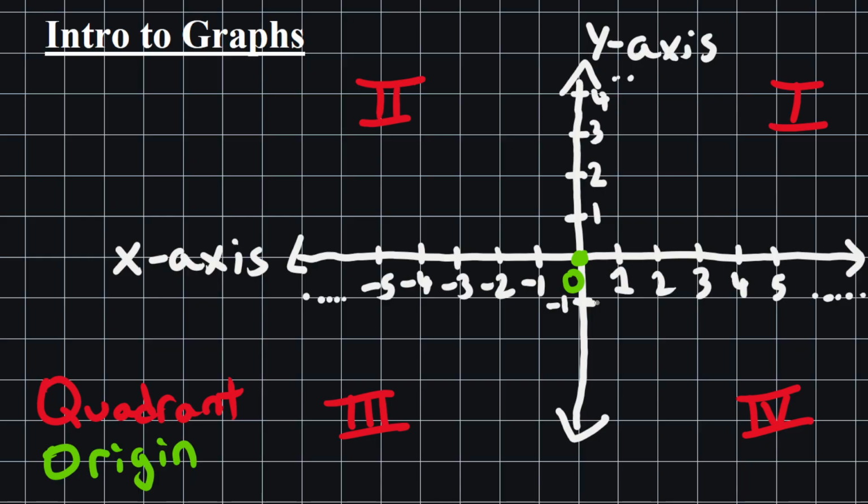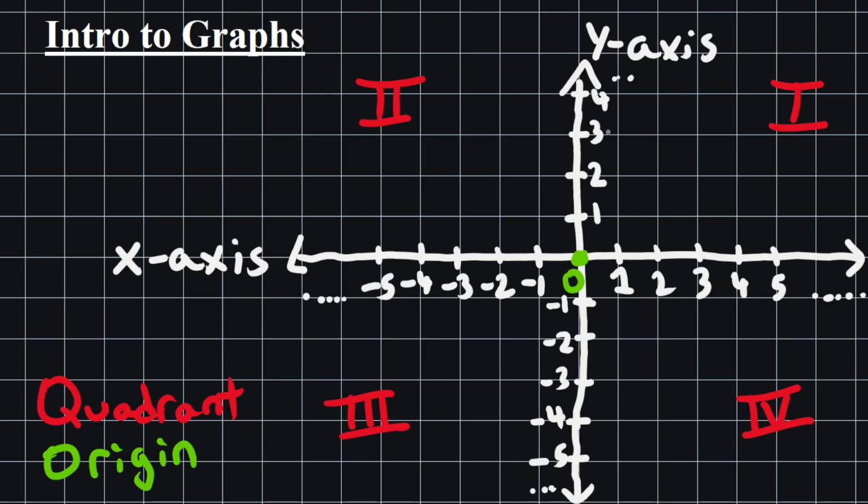So this is -1. That's -2, -3. And we can extend this a little bit more down here. -4. We can also write -5, and so on all the way down to negative infinity.